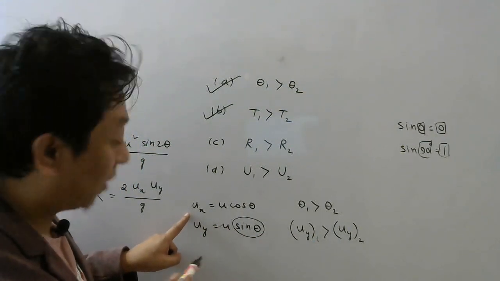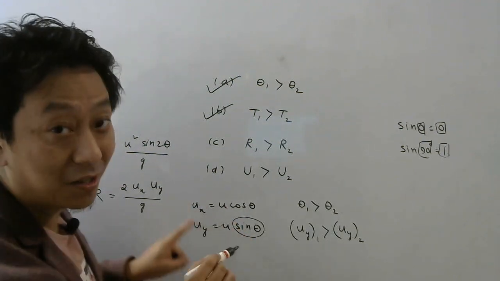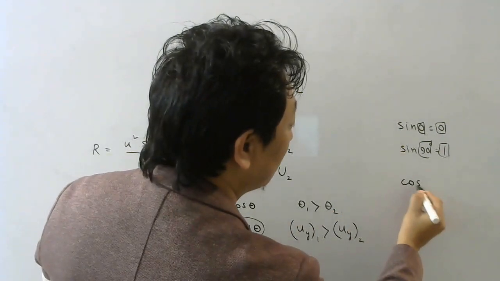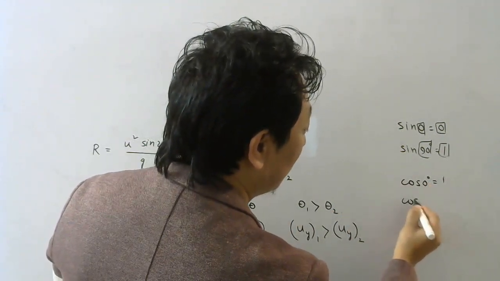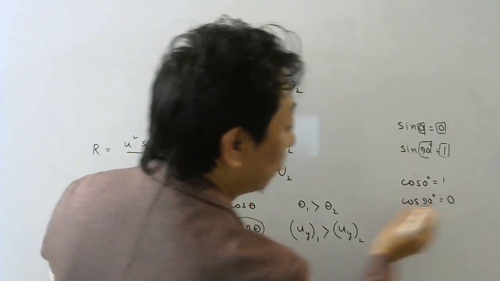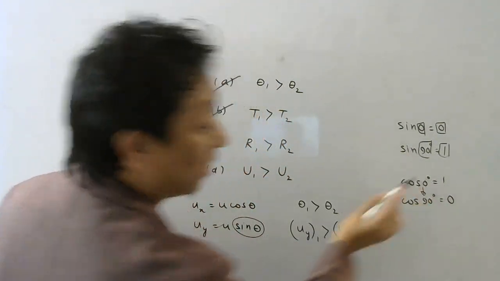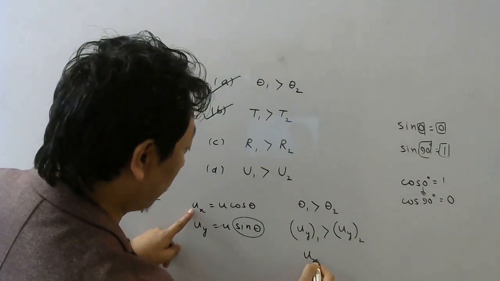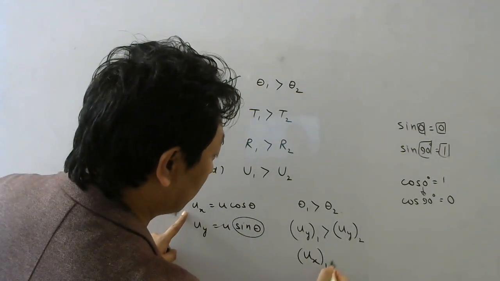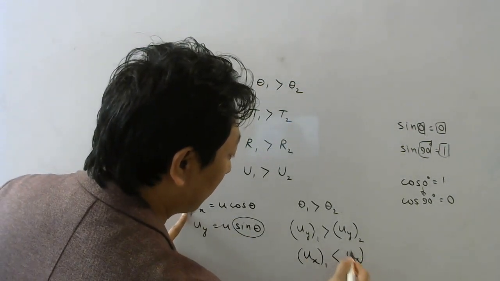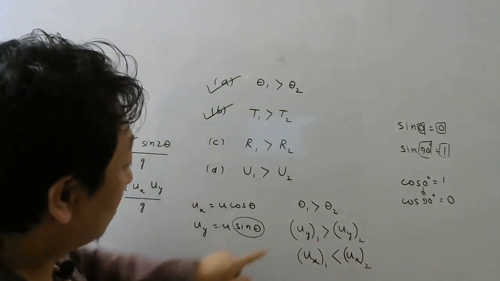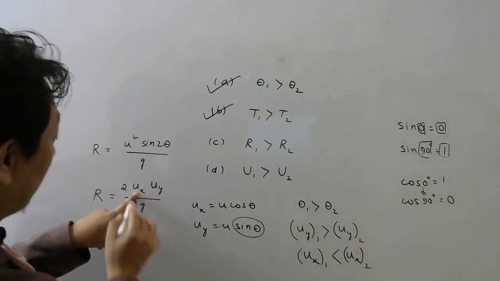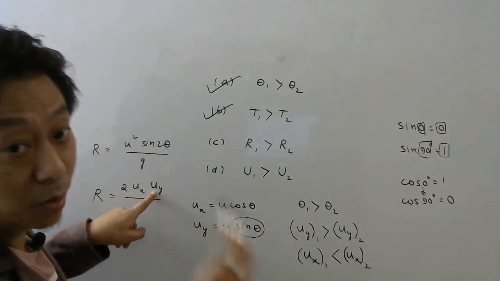But when it comes to ux, this is u cos theta. Now cos theta is not increasing function of angle, it is decreasing function, because cos 0 is 1, cos 90 is 0. So you can see, students, when the angle increases, cos value decreases. So therefore we can say ux for the first particle is actually less than ux of the second particle. Right? So uy is more for the first particle, whereas ux is less for the first particle.